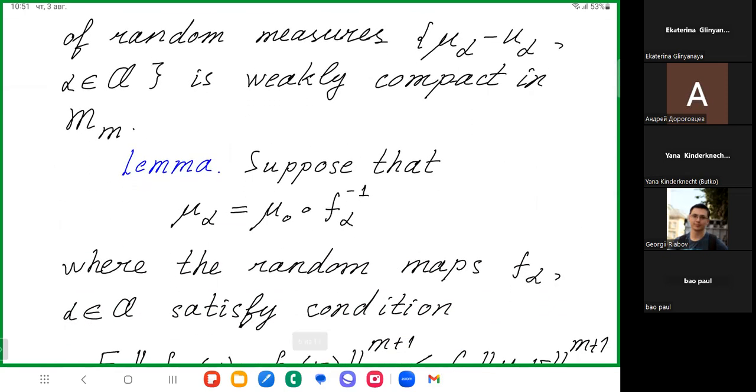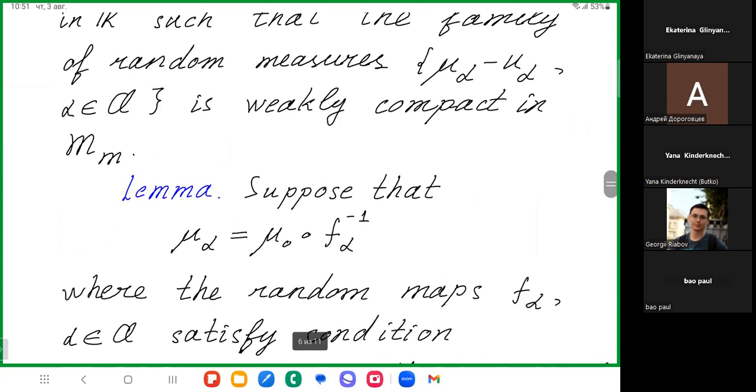Suppose that we have a family of random measures organized in such a way. We have one starting measure mu_0, and we have a family of random mappings f_alpha, and mu_alpha is just the image of the measure mu_0 under the random mapping f_alpha.